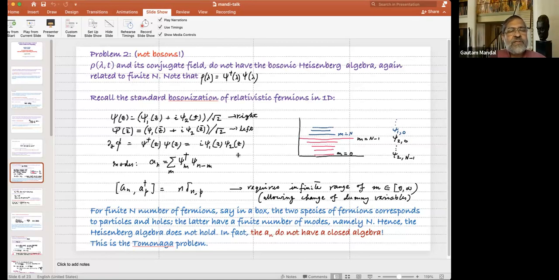Okay, so that's the well-known construction. And if you do a mode expansion of the psi dagger psi, then the modes of the derivative of the boson are given by this.